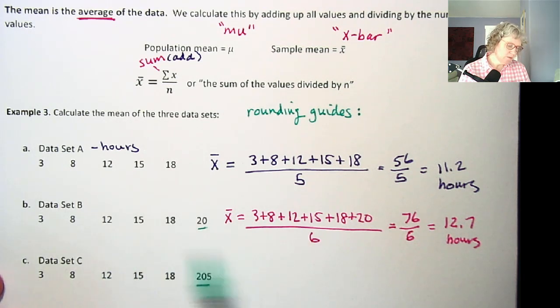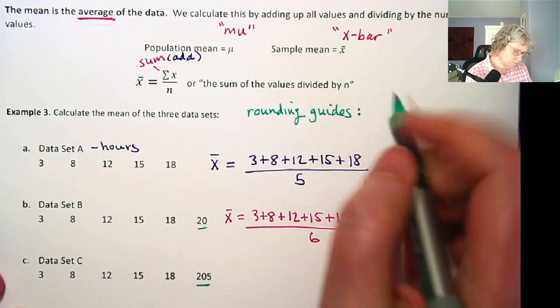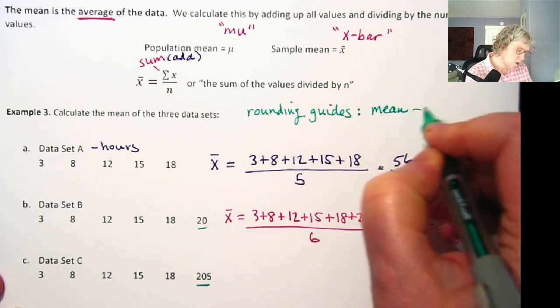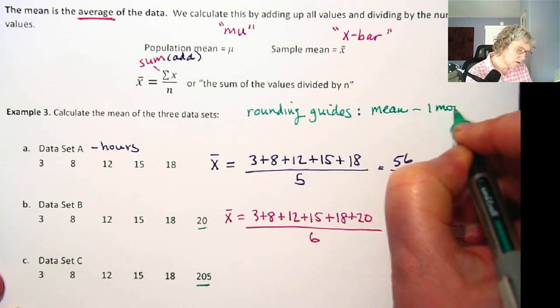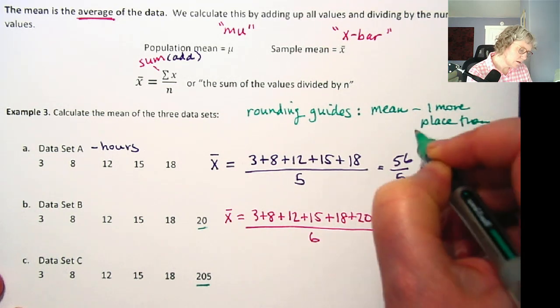So think about if these were hours. My average 12.7 is in between 12 and 13, right? So that 0.7 gives me a little information of where that average falls. So for the mean, one more place than the data.